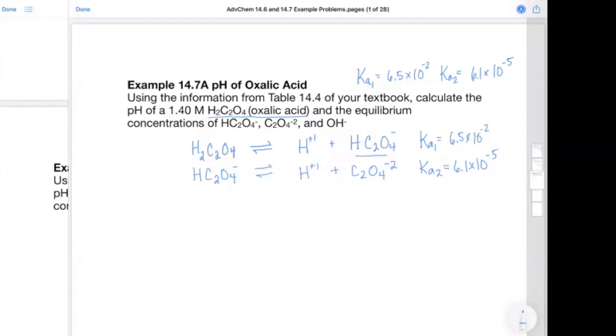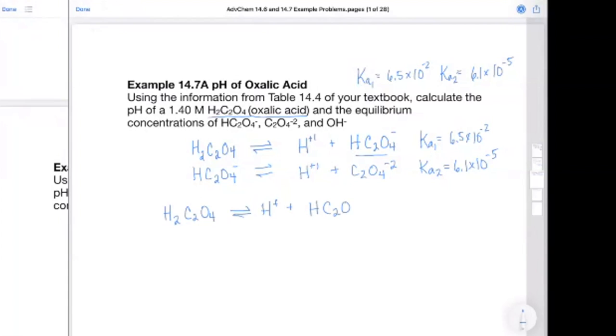From here, we're going to proceed similarly to what we did before. I'm going to rewrite the first equation here, H2C2O4.